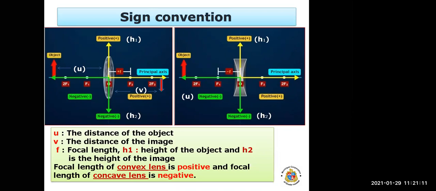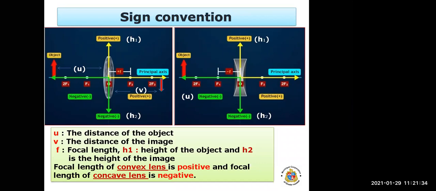The focal length of a convex lens is positive and the focal length of a concave lens is negative. These things will be helpful for solving problems. Further we will see a few formulas also, so you should keep these things in mind.